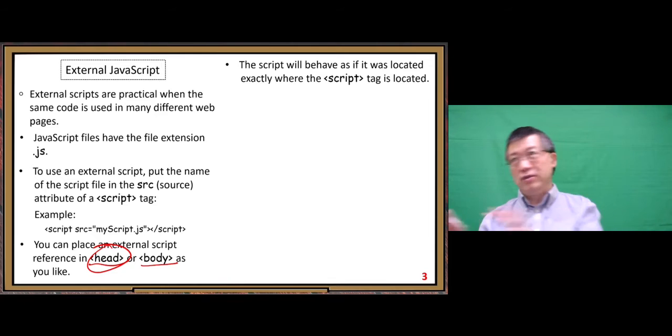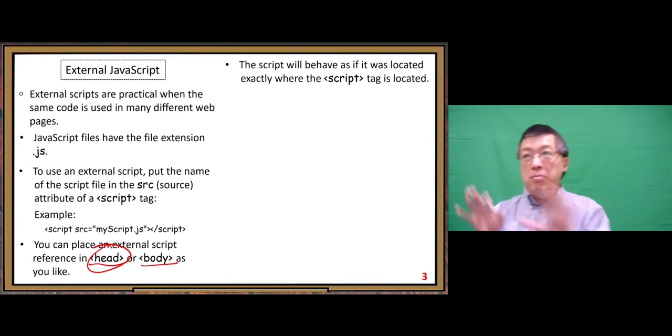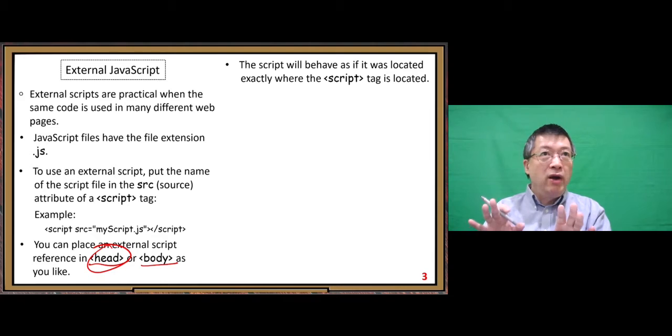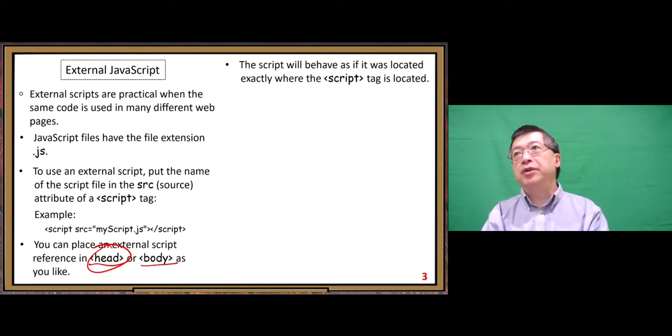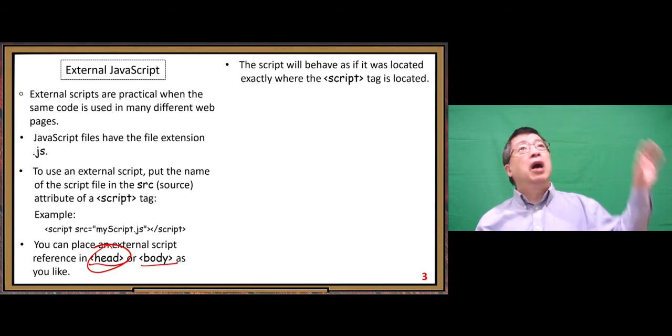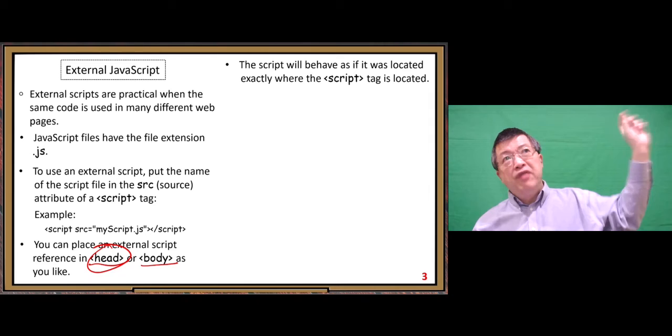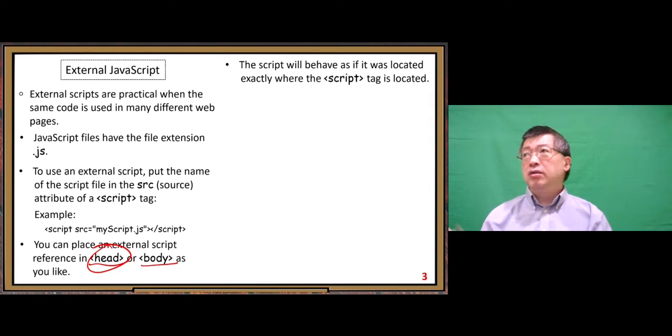Not necessarily if you put it in the middle, buried somewhere very deep in your HTML document, it is hard to find, right? Later, you may want to find the definition of one particular function. Where could I find it? You need to do the search, right?